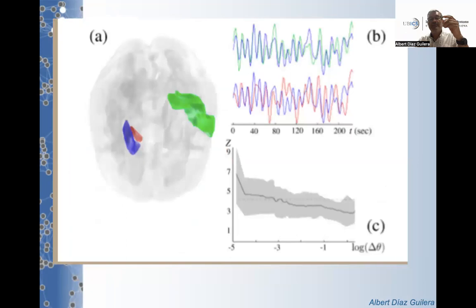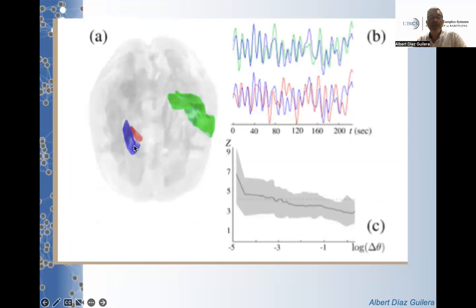And actually, this is what we observe when running simulations of this type of Kuramoto model on a real connectivity matrix in the brain. We observe that these two parts of the brain, the blue and the green one, are very likely to be synchronized.